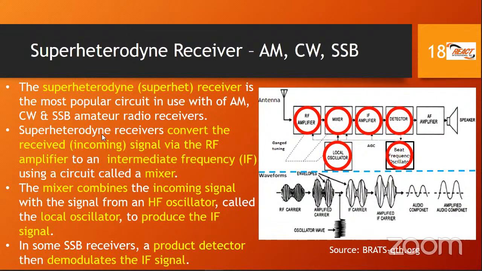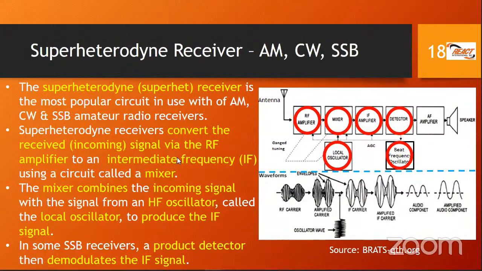Superhet receivers convert the received signal, that's the incoming signal on your receiver, via the RF amplifier to an intermediate frequency, or IF. So anytime you hear the term IF, it's not the word if, it's intermediate frequency. And that's what a superhet receiver does. It converts the incoming frequency that the other radio operator is transmitting to you on, and it converts that to an intermediate frequency.